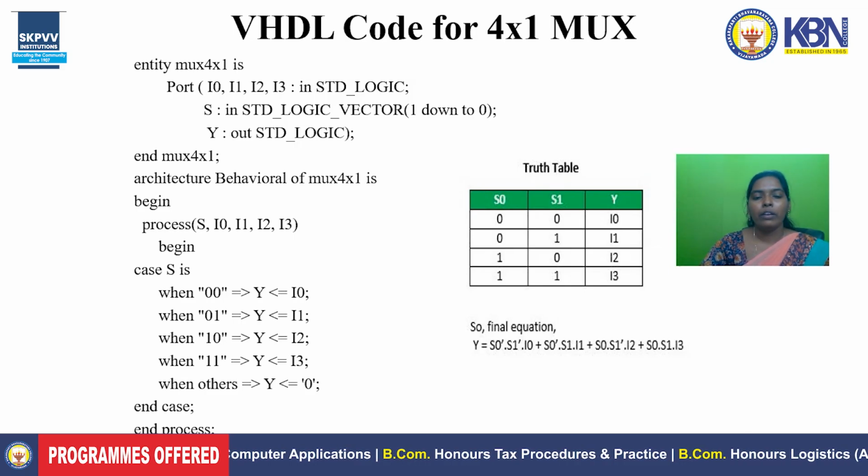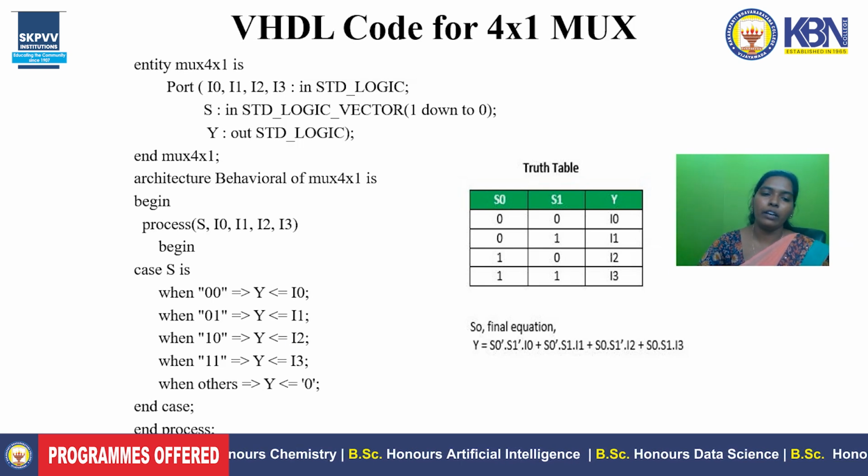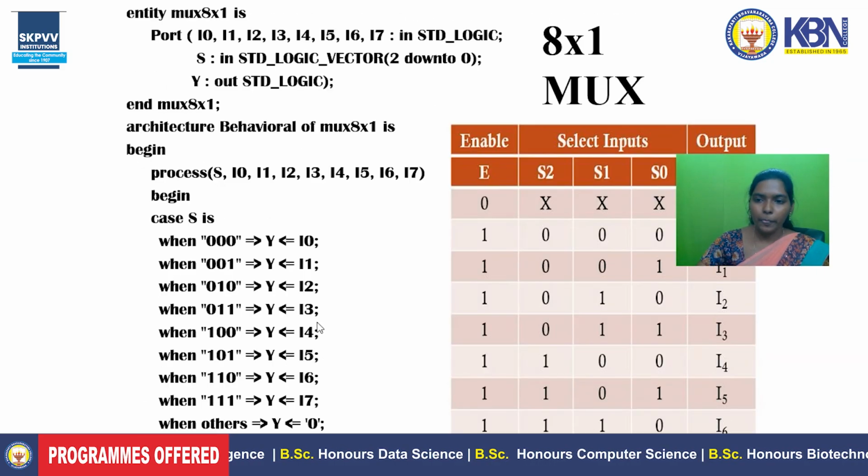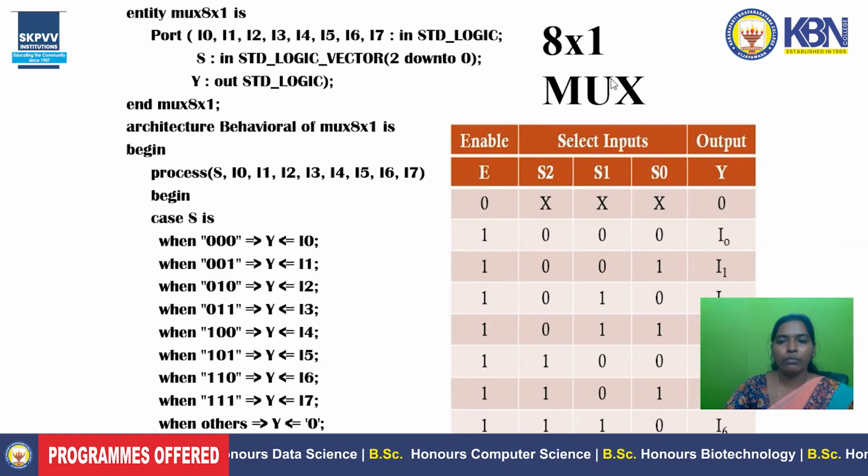We force the constants, meaning we give 0 0, 0 1, 1 0 and 1 1, whatever we need. If we give 0 1, we get the output I1, meaning it will be on. Only one output will be given, and if we take the input as 1 1, we'll get the output as I3, and so on.